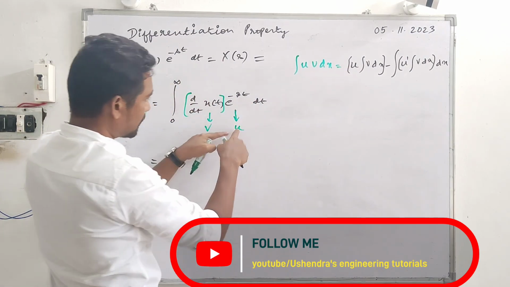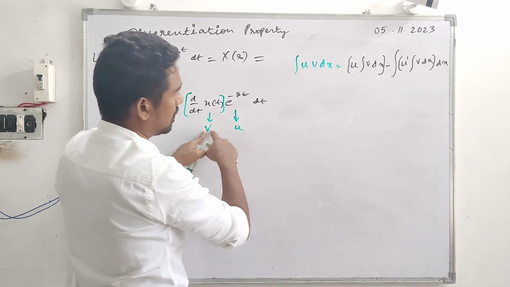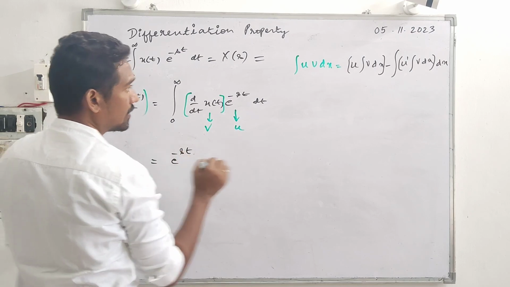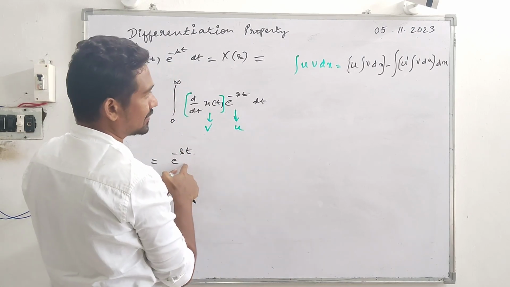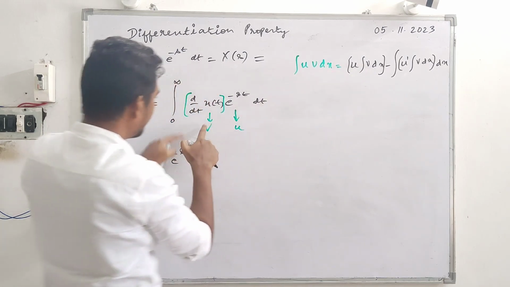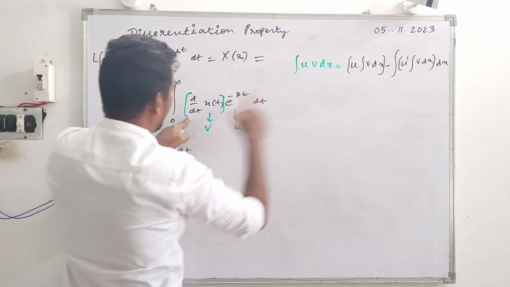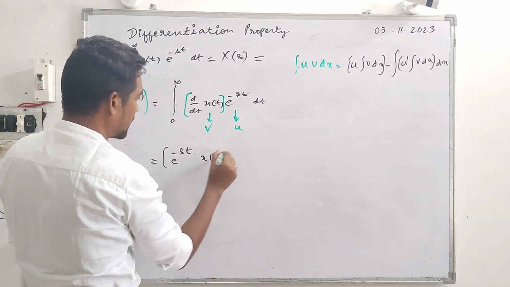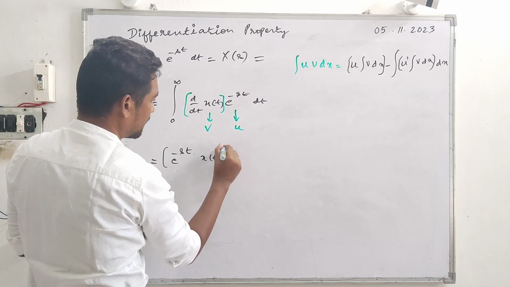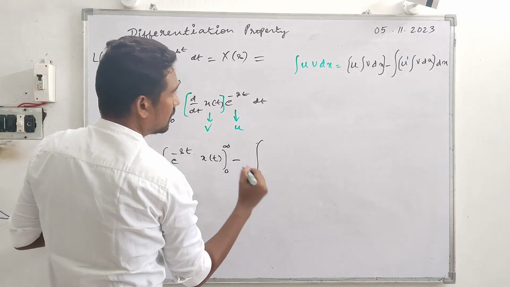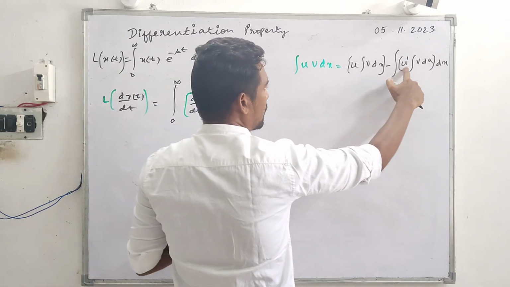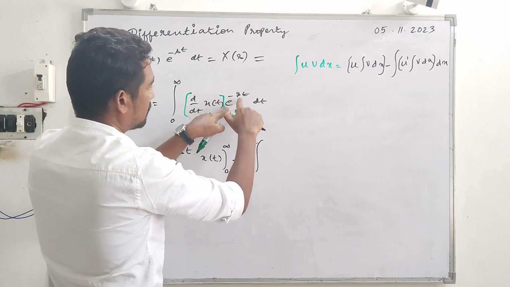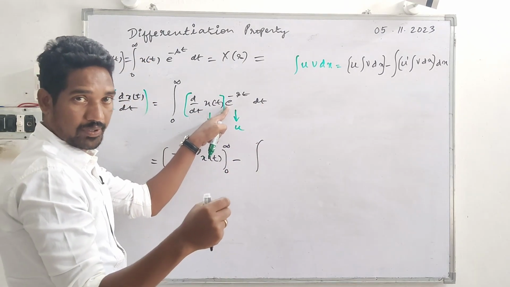Applying this UV rule over here, the next step will be: if you consider this to be u and this to be v, u comes down as it is, in the sense e raised to minus st, which is supposed to be u, comes down as it is, and integral of v dx, v is this one, this integral and this derivative get cancelled, and we have x of t, the function as it is, with the limits 0 to infinity, minus integral here, the first derivative of u, in the sense e raised to ax, it will be a into e power x, isn't it?